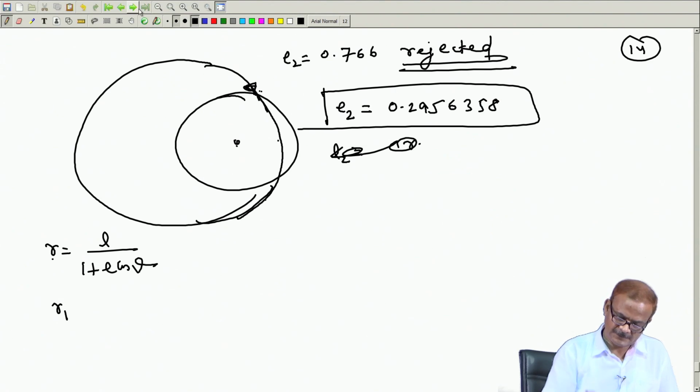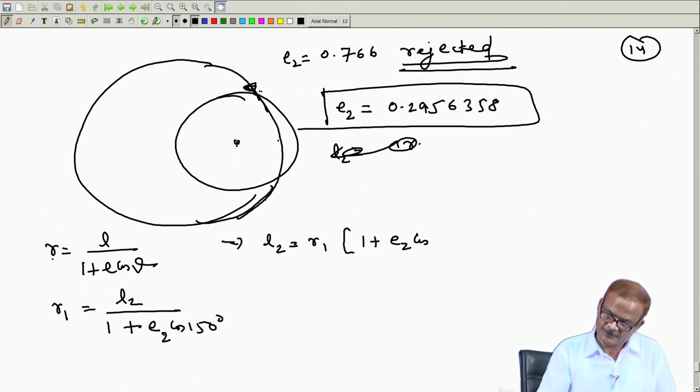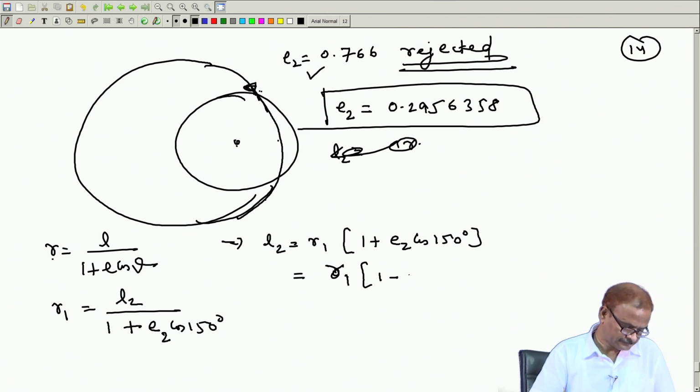So, we keep this as r 1, while L will change to L 2, E will become E 2, and theta equal to 150 degrees. Therefore, L 2 equal to r 1 times 1 plus E 2 cos 150 degrees, which turns out to be r 1 times 1 minus 0.8660254 E 2.